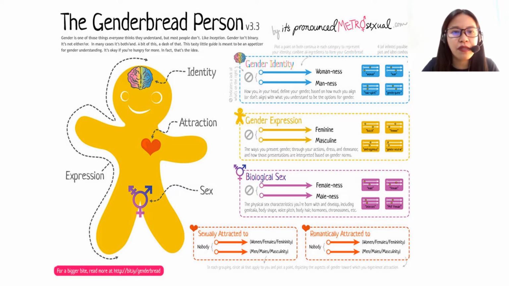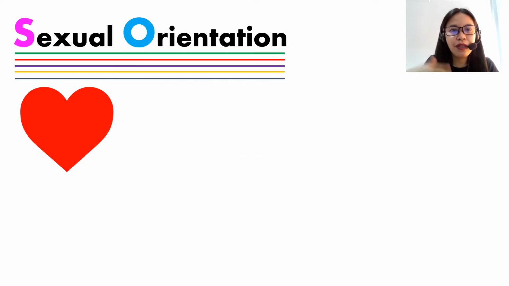The whole body itself, or the total characteristics and behavior that you are portraying, is your expression. These different parts connote different characteristics in your body, as well as your sexual orientation and your gender identity. So let's start discussing what sexual orientation is.